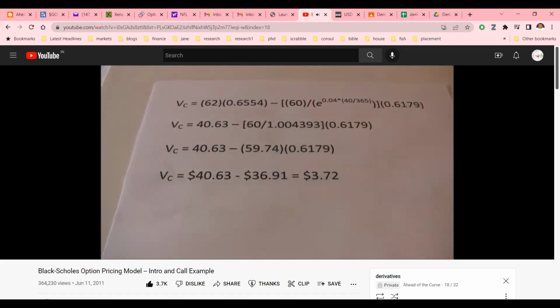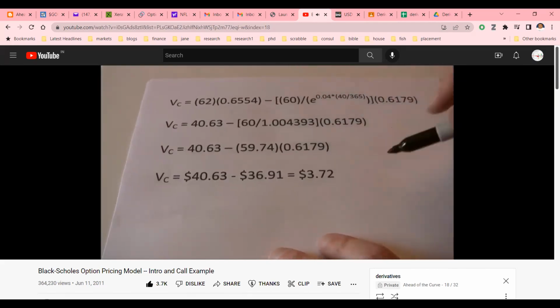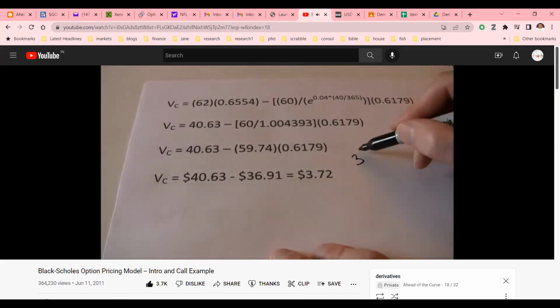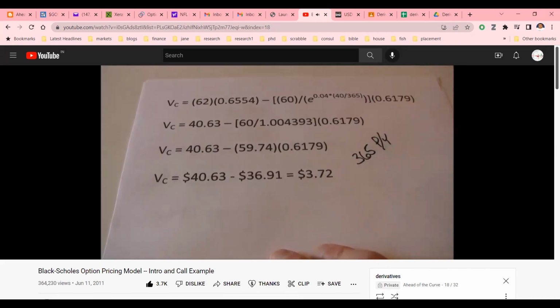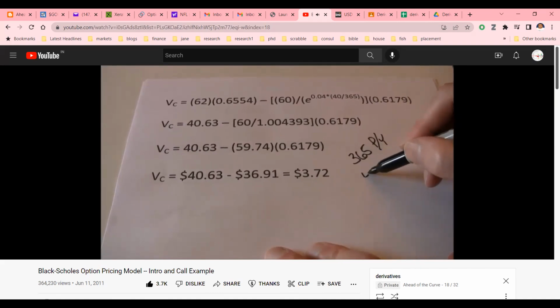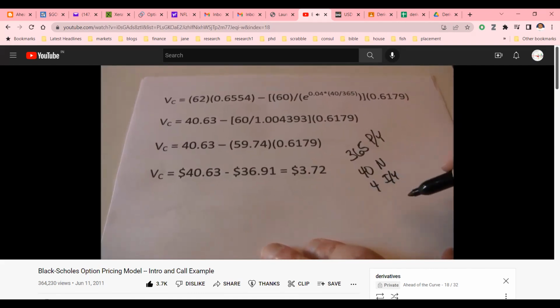Now here's a little tip. Sometimes I have my students do this so they can see that there's nothing mystical going on with that present value of the exercise price. Just take your financial calculator, set it to 365 periods per year, so you're using daily compounding, and then 40 as your N. Our risk-free rate was 4%, so set that up as your interest rate. We're solving for the present value.